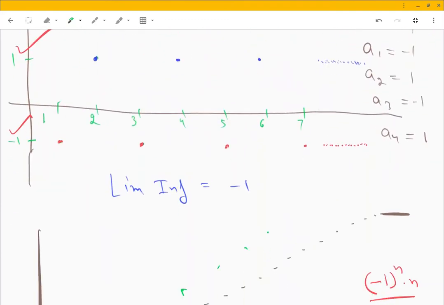Like in this case, this was the smallest limit point, this was the largest limit point. So this sequence cannot converge when limit inferior is different and limit superior is different, right? A sequence converges when limit inferior is the same as limit superior, right?